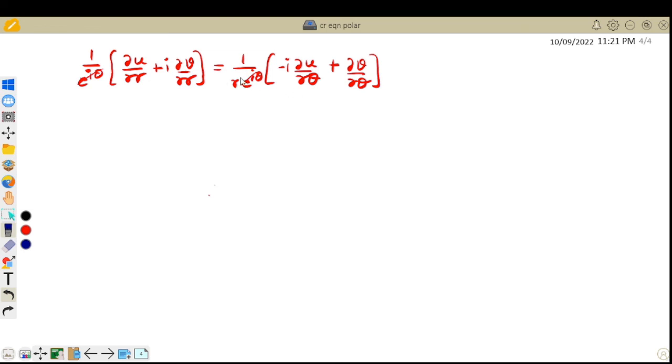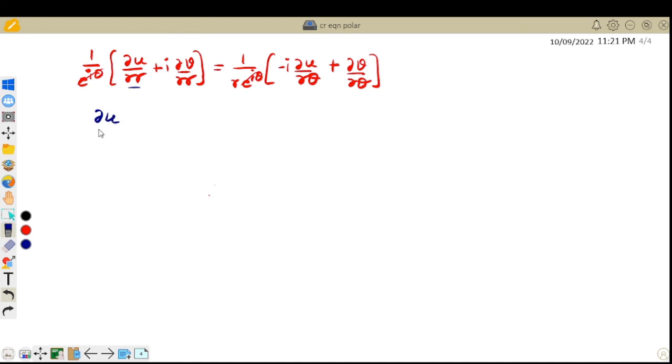And you equate real and imaginary parts. The real parts are dou u by dou r on the left side, and on the right side dou v by dou theta, which is multiplied by 1 by r.